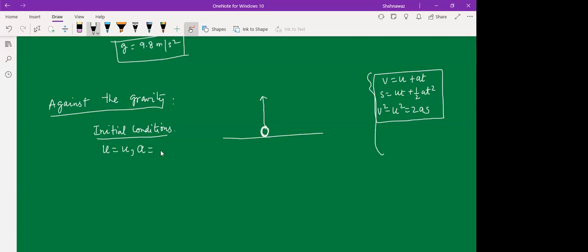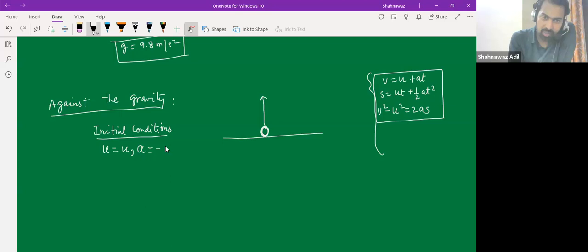Minus 9.8 meter per second square. Let's write it as minus g. And this is the initial condition.